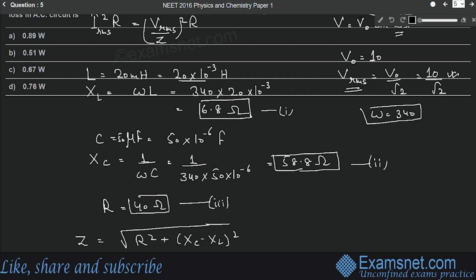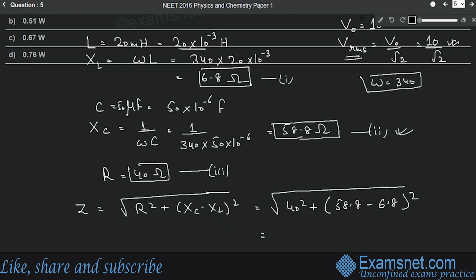So we'll put these values here. R, that is resistance, is 40 ohm. So 40 square plus XC, that is number 2, 58.8 minus XL, that is number 1, 6.8, whole square. Now let's solve this. When you solve this, you'll get under root 4304 ohm. So this is the value of impedance.